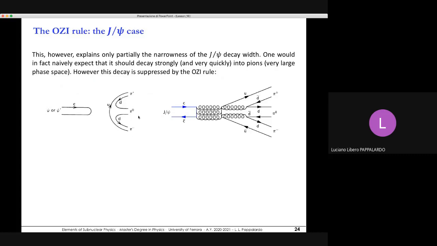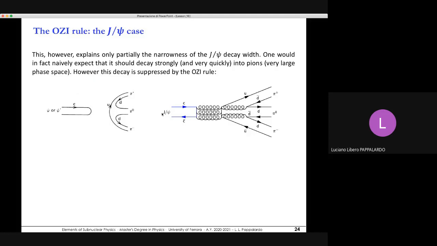The phase space is extremely large, because if you sum up the mass of the pions, it is much smaller than the mass of your decaying J/psi or even the excited state psi prime. But the kinematics is not the full story. This is a disconnected diagram, so we have to connect these with at least three gluons, and so we have, again, a relatively large number of vertices. And these are hard gluons, because they have to share the large mass, as energy, of the J/psi.